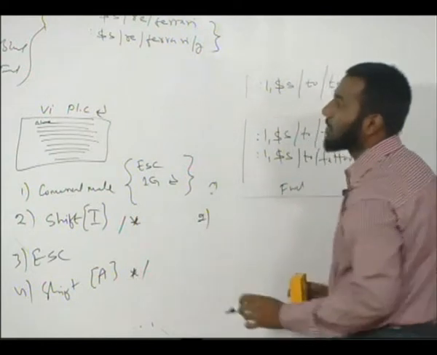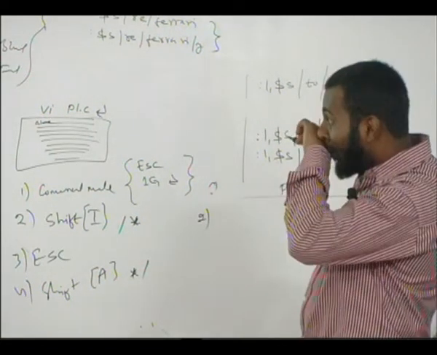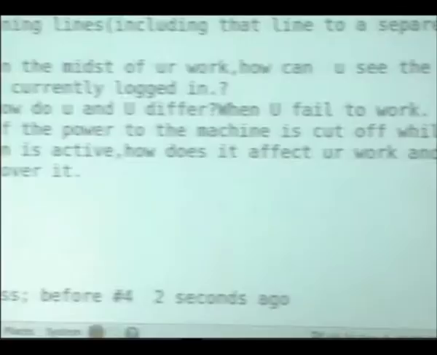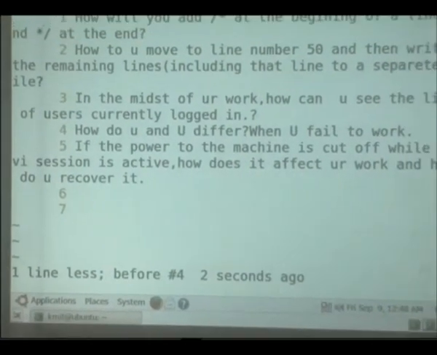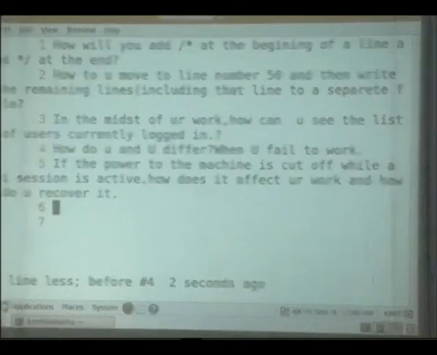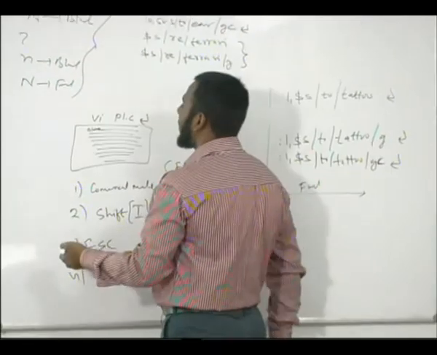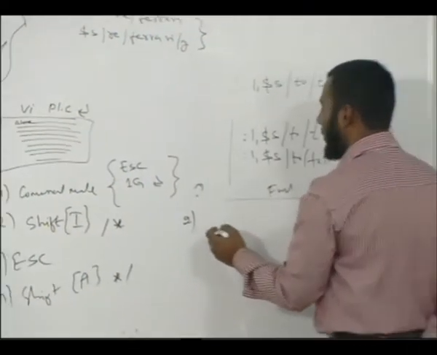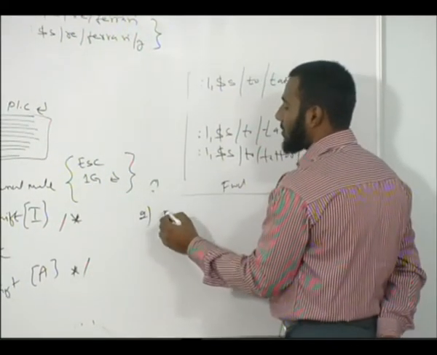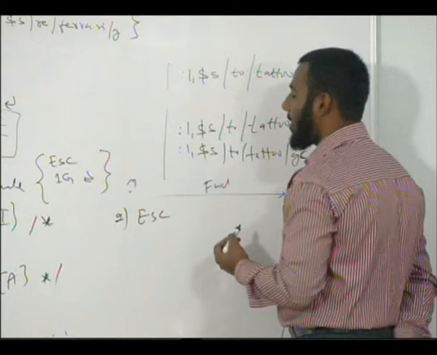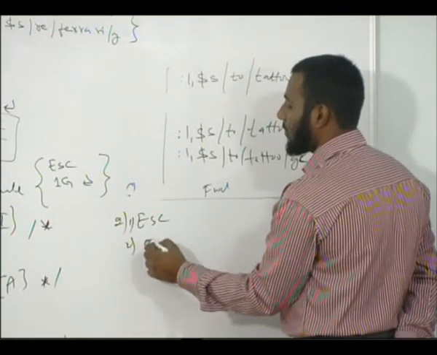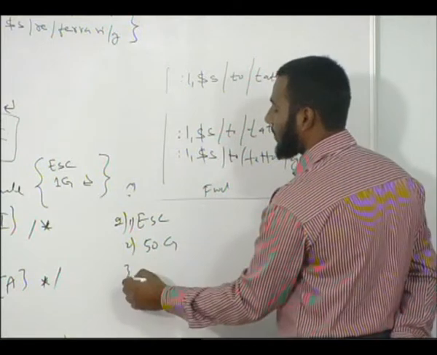Second problem. How do you move to line number 50 and then write the remaining lines, including that line, to a separate file? Suppose I have 100 lines here. How can I move to the 50th line? It's very easy. The first step is go to command mode, then 50G.